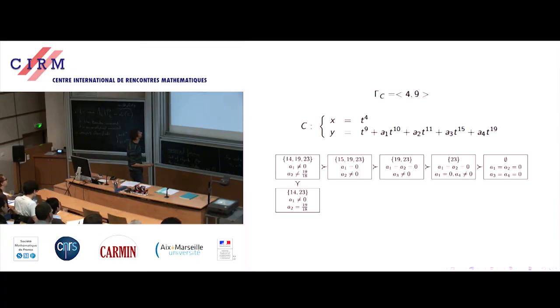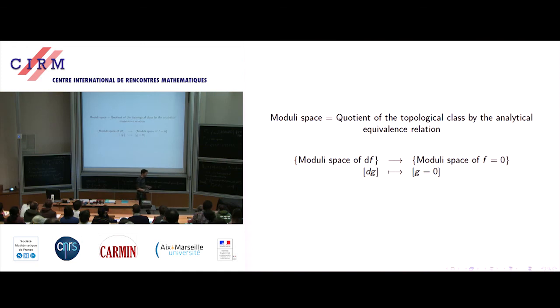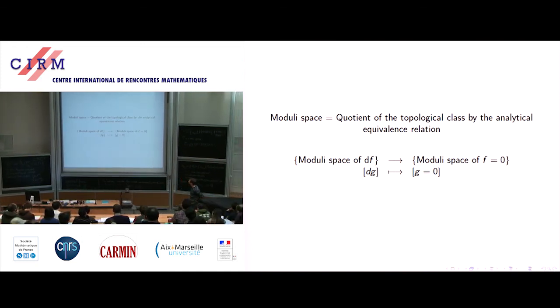So our approach with Emmanuel was the following. Let's think about a moduli space, which is the quotient of the topological class by the analytical equivalence relation. So this is all the analytical invariants once you fix the topological class. And so you can do the following.